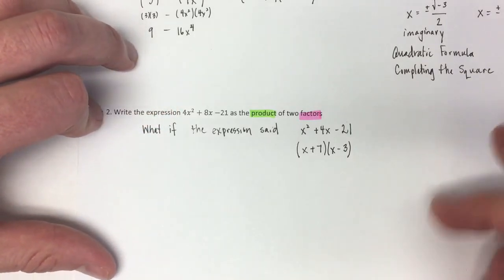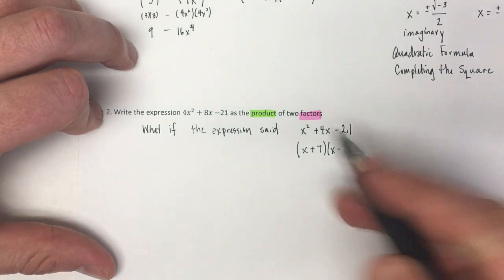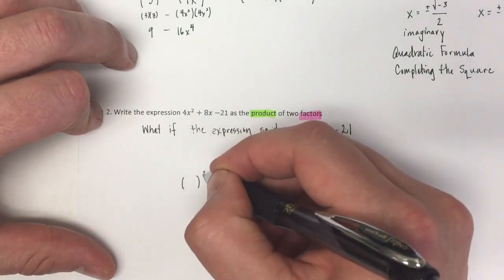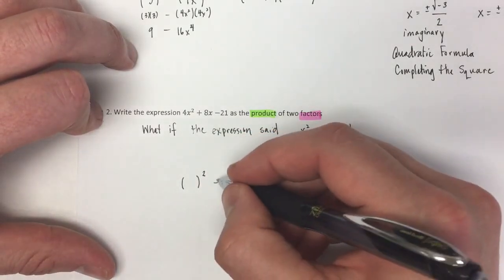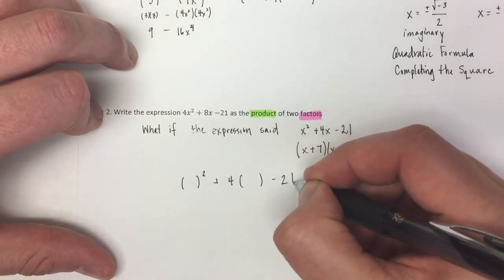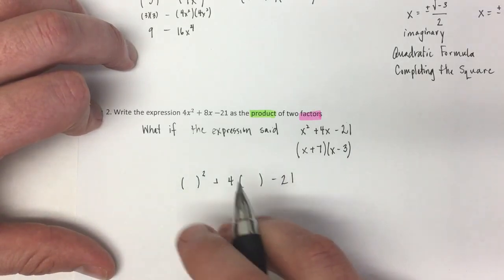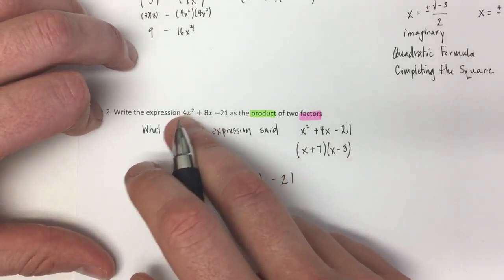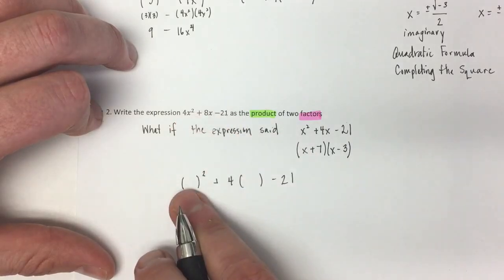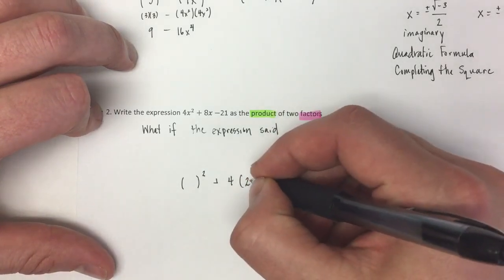And it would be really wonderful if we were able to replicate this. Well, let's look at the structure itself. So parentheses x squared plus 4 parentheses minus 21. Is there anything that I can put into these parentheses that would make this expression? Well, 4 times what equals 8? Oh, that's 2x.